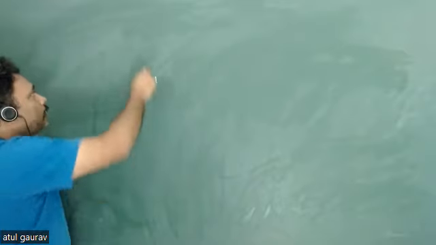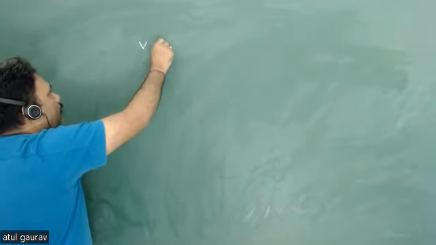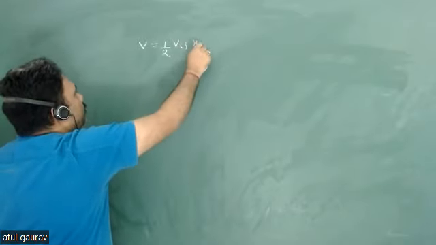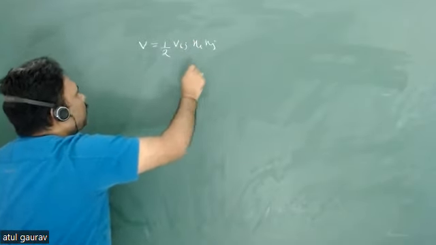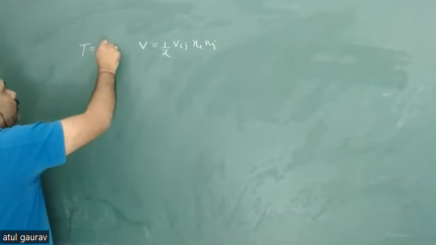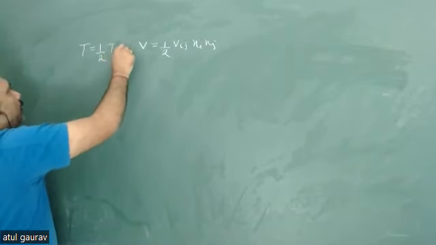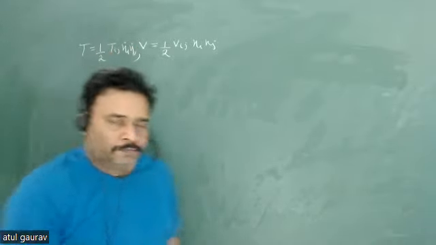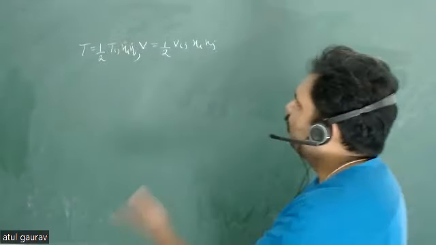So basically, we have V is equal to half Vij eta I eta j, and T is equal to half Tij eta I dot eta j dot. Clear, right? So we can write the Lagrangian.